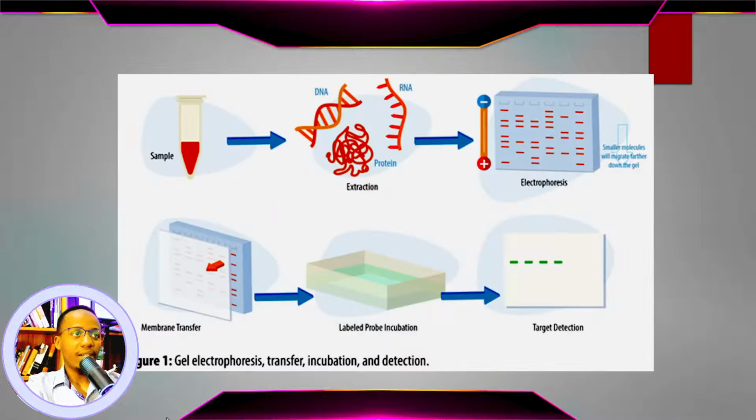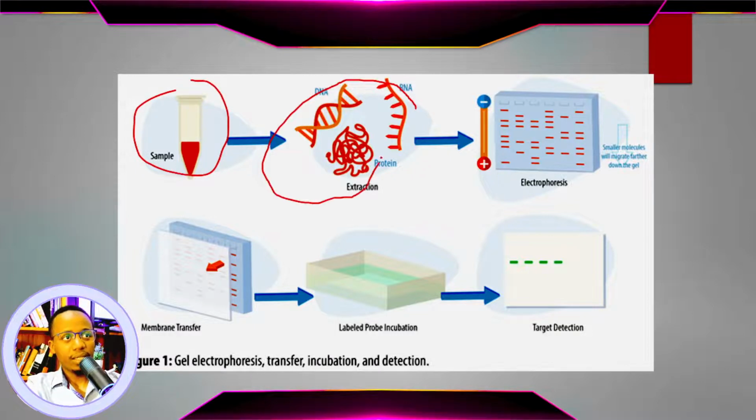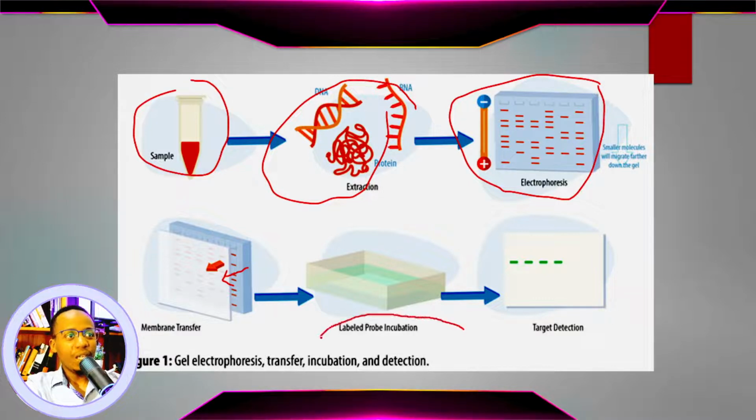So I think I'll have another summarized one where you start with a DNA sample, right? You extract it, you run it through the gel, and then you transfer the gel to the membrane. Here, we incubate the membrane with a probe.